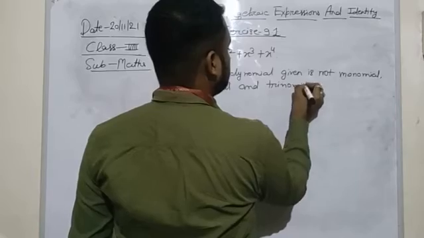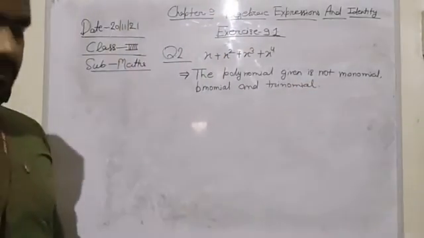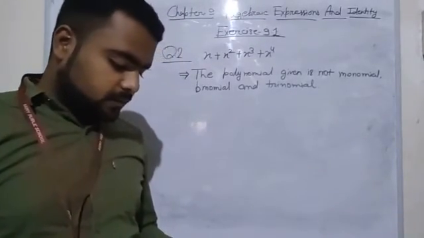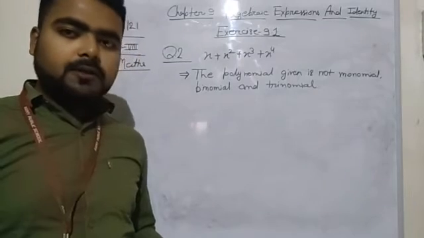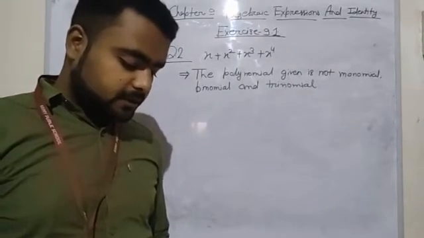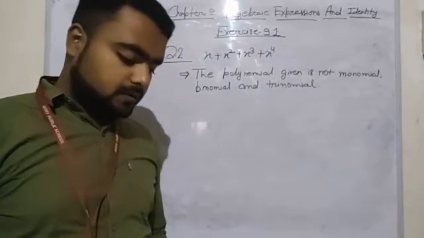Just write. Then after that, 7 plus y plus 5x. There are three terms, so this is a trinomial. And after that, 2y minus 3y square. There are two terms, so it is a binomial.